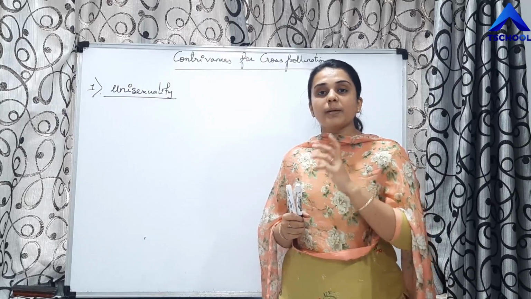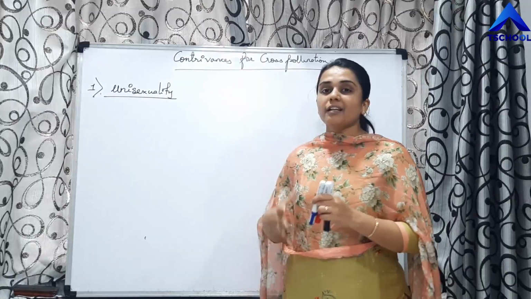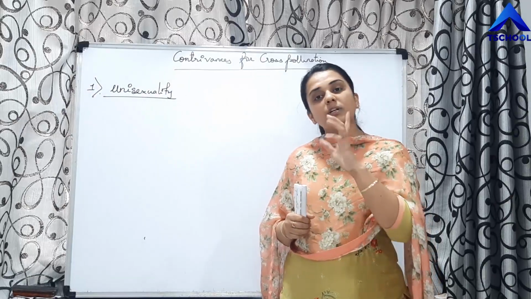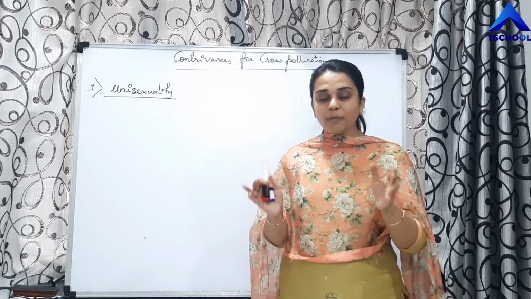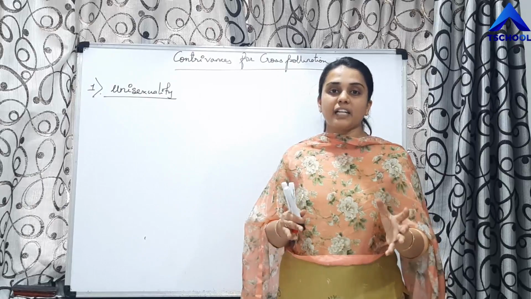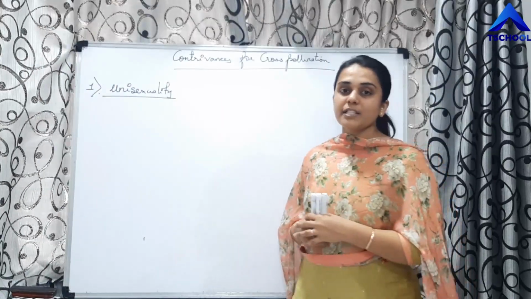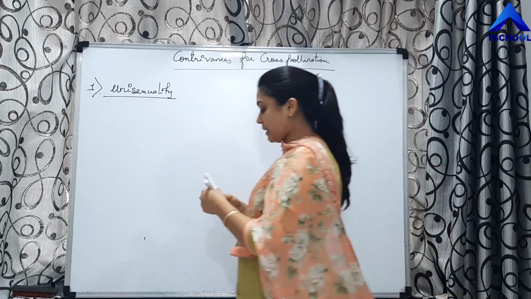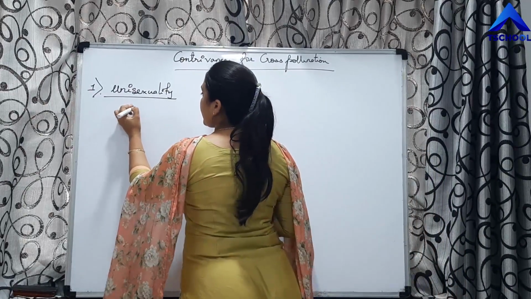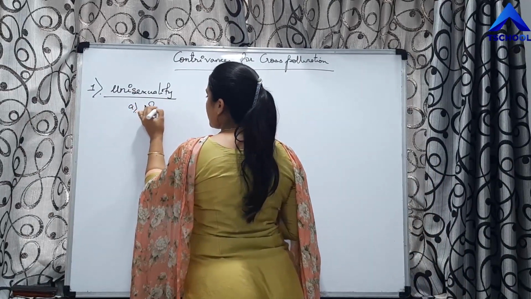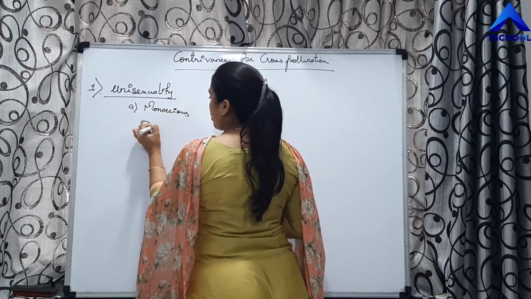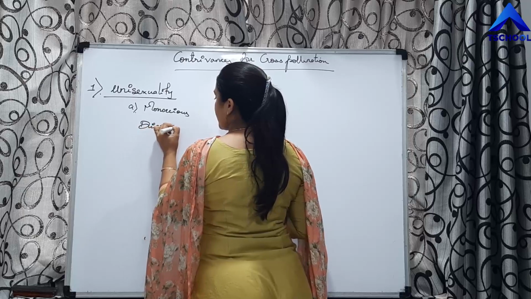The flower should be a bisexual flower. Over here, the flower should be a unisexual flower, so it should possess only one sex. It should not possess both androecium as well as gynoecium. Such are called unisexual flowers, and that contrivance is called unisexuality. So the plants can be of two types, that is monoecious or dioecious.